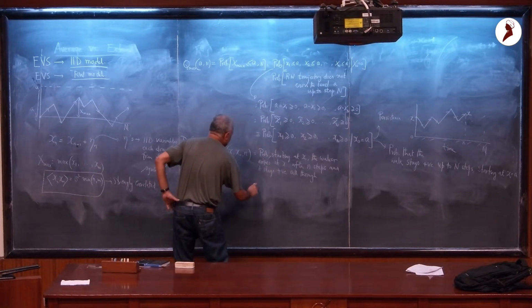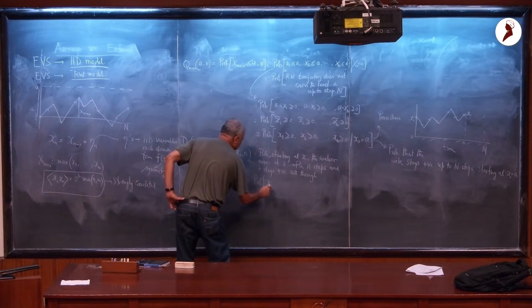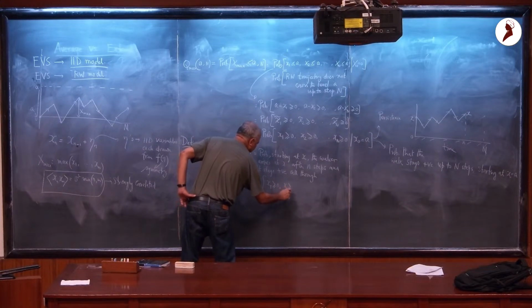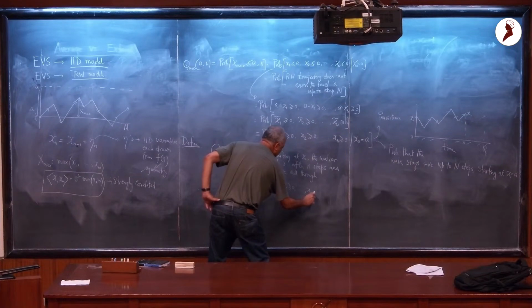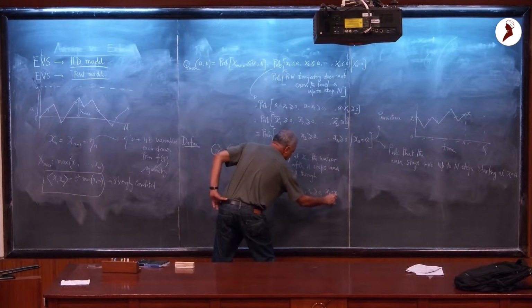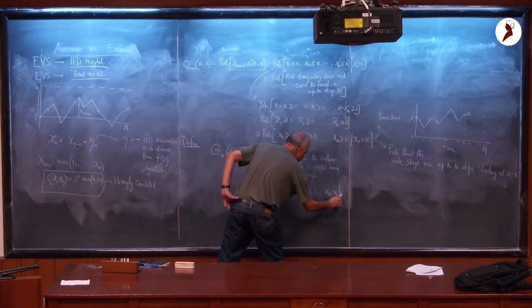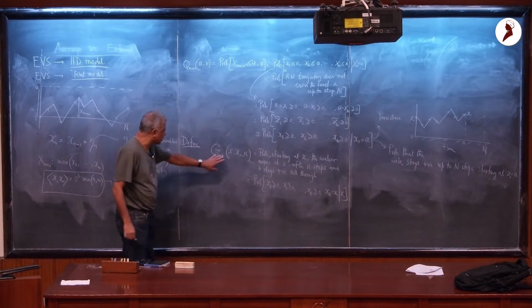More generally, this is the probability that the first guy should be positive, second guy should be positive, (n-1)th guy should be positive, and nth guy should be equal to x, little n, sorry, given that you started at x naught. So that's the definition of the restricted Green's function.